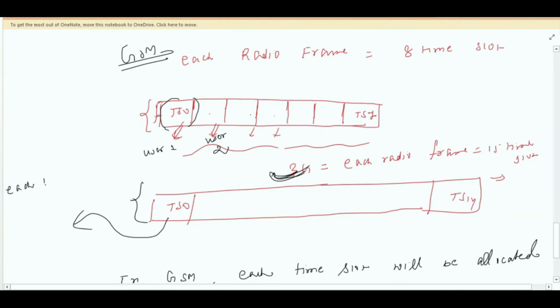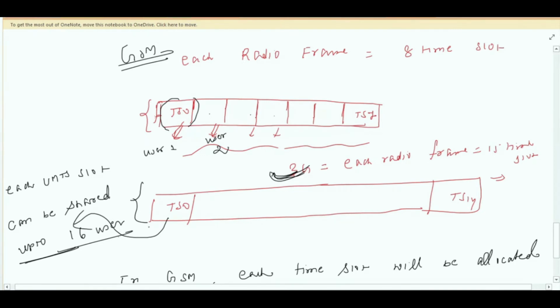Each UMTS slot, UMTS means 3G, can be shared by up to 16 users. See, concentrate on my sentence. I said up to, meaning it can be one user, it can be two users, but a maximum of 16 users can share one slot.